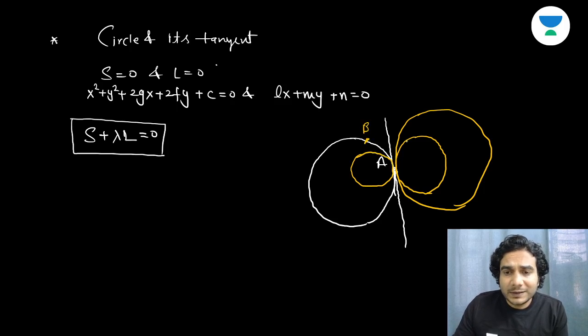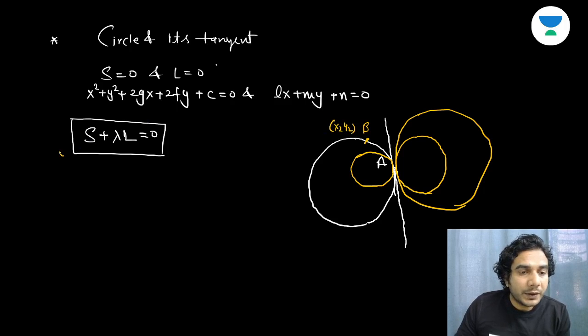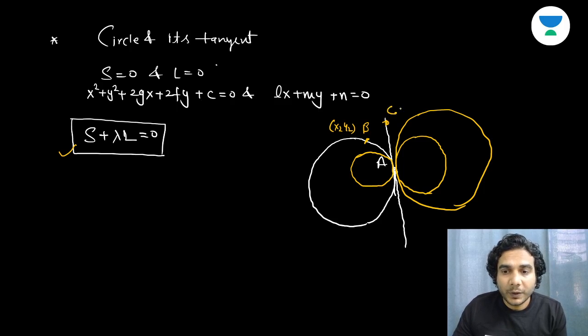Let's say B is another point on the circle. If I put the coordinates of point B, x2, y2, in this equation, then S will become 0, but L will not. Similarly, if you take a point on the line other than A, say point C, x3, y3, it will also not satisfy, because L will become 0, but S will not.